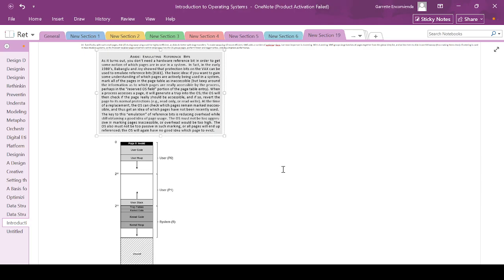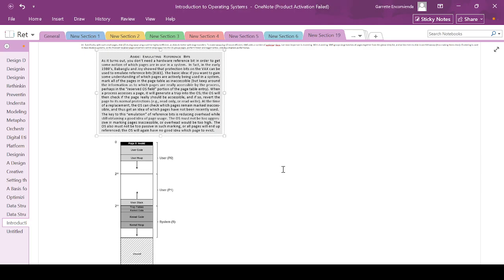Since we have that reserved OS field in the page table entry, we can capitalize on that as well, aside from the protection bit. So we will mark all the pages inaccessible.